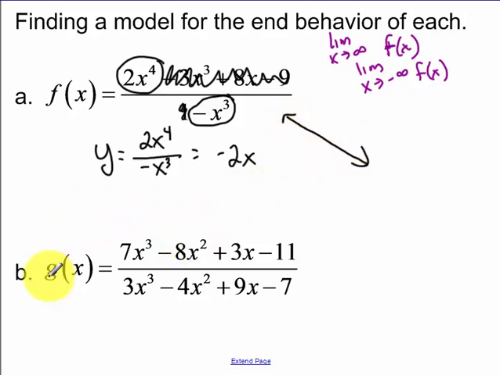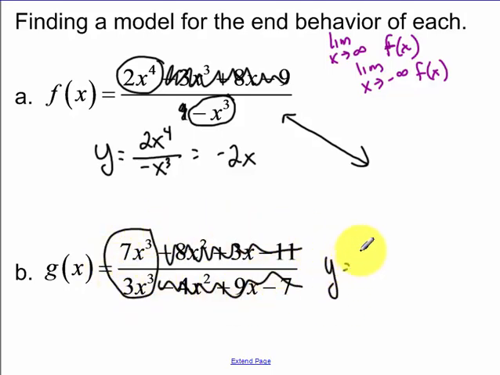Now here, on our second example, again, cross off, just look at those highest terms, and reduce, and we get 7/3. Now, if we were graphing this, we would know that our horizontal asymptote is also 7/3. And the limit as x gets really, really big would be 7/3. The limit as x gets really, really small would also be 7/3.